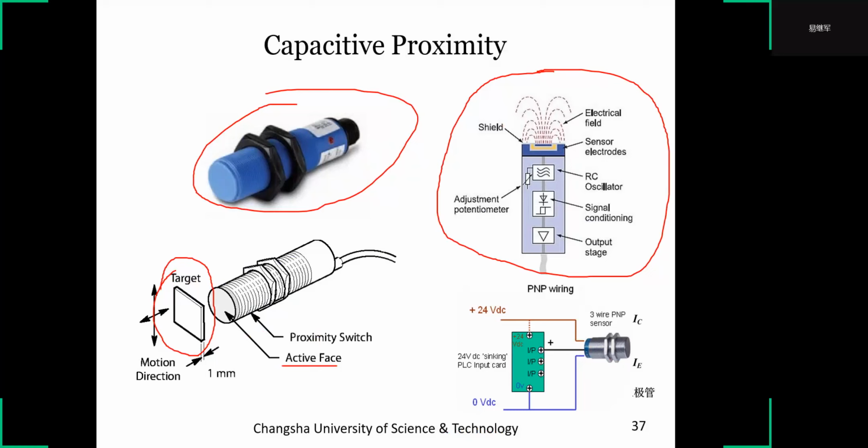When the target moves toward the sensor electrode, the capacitance is changed, so the signal is transferred to the signal conditioning and then output to the instrumentation or some device. It's the capacitive proximity sensor.